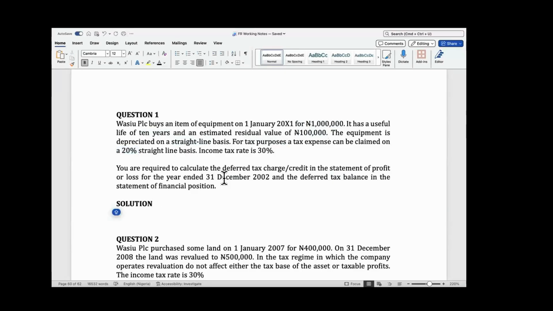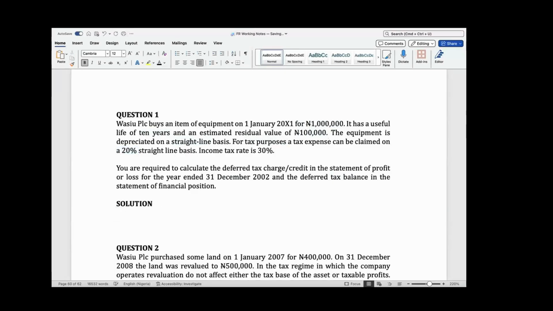Now, to solve a question like this, since they are asking for the deferred tax charge or credit that goes to P&L and the balance that goes to the statement of financial position, you know what we can do to calculate deferred tax at any point in time.